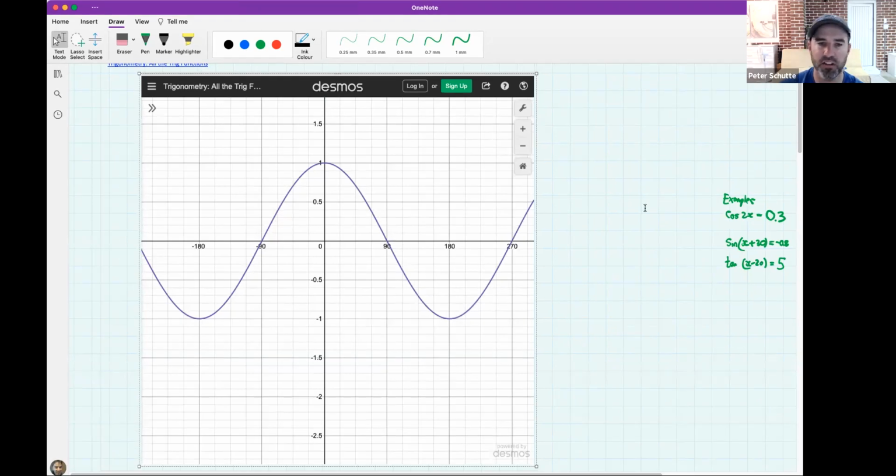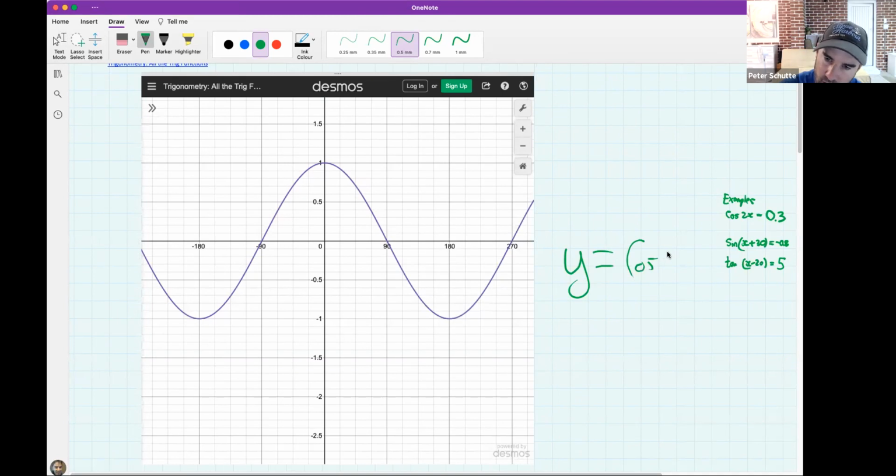Put it in the chat. Yeah, so we call this graph y equals cos x.